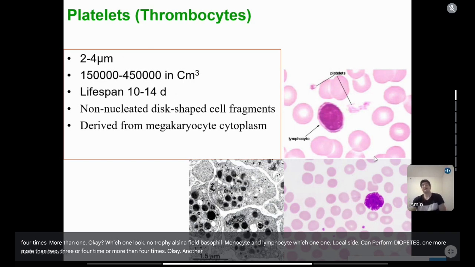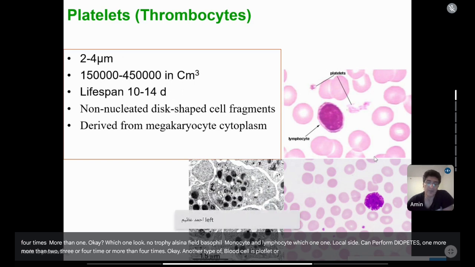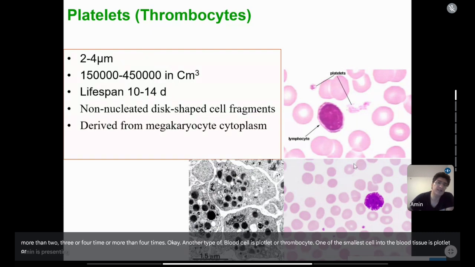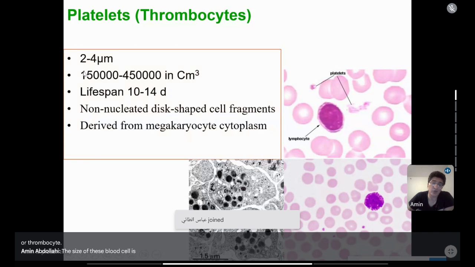Another type of blood cell is platelet or thrombocyte. One of the smallest cells in the blood tissue is platelet or thrombocyte. The size of this blood cell is about 2 to 4 micrometer in diameter.